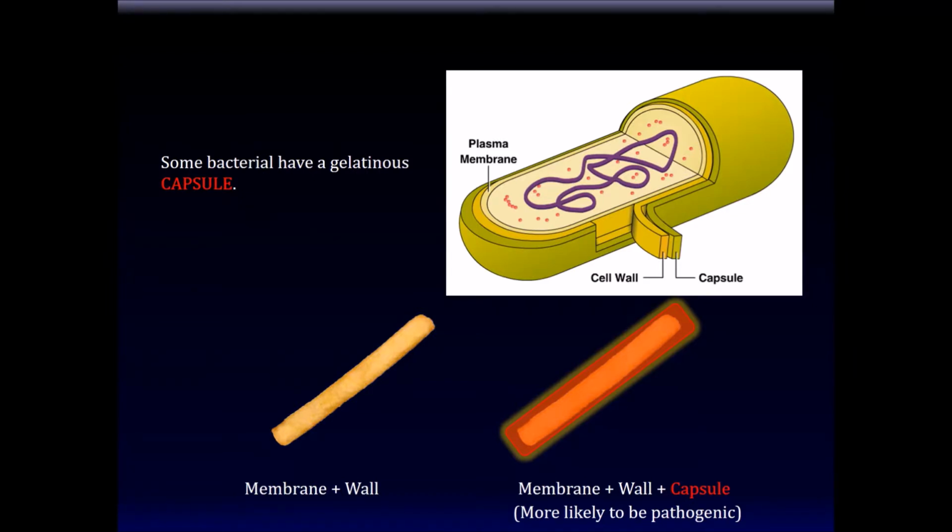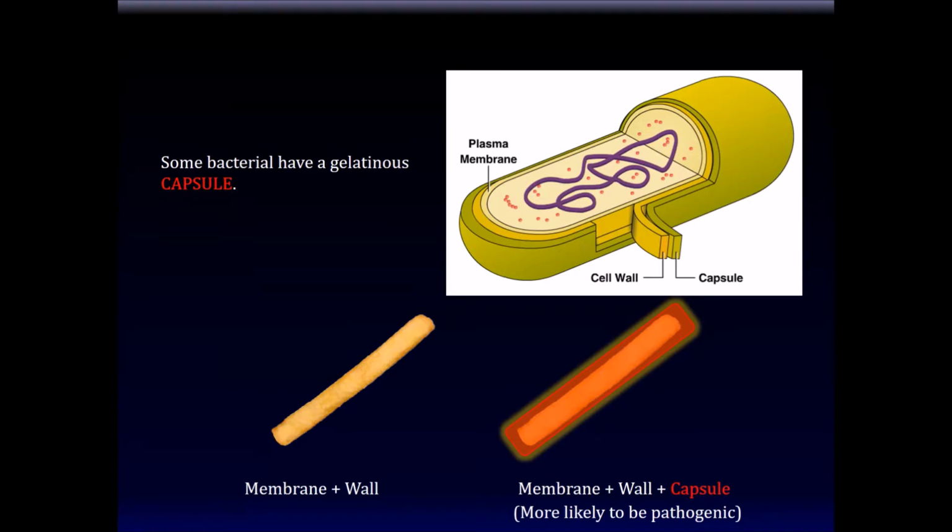If you dip the French fry in ketchup, the ketchup would be the capsule. Do you get it? A third layer. These bacteria tend to be very pathogenic, dangerous bacteria. Those that have the ketchup, those that have a capsule, right?